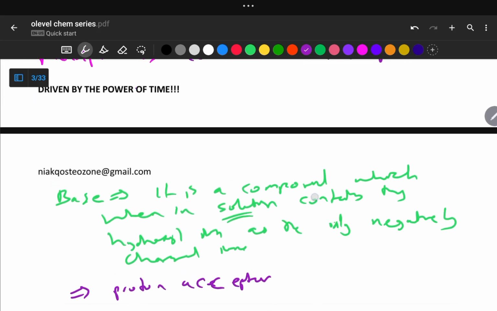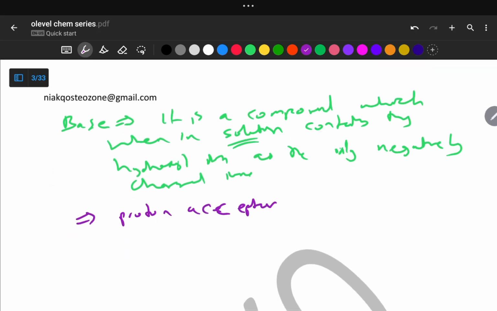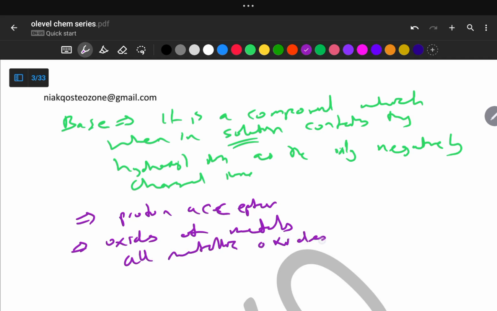So we said acids are formed normally from the oxides of non-metals. So the bases, we form from oxides of metals. So all the metallic oxides are basic.